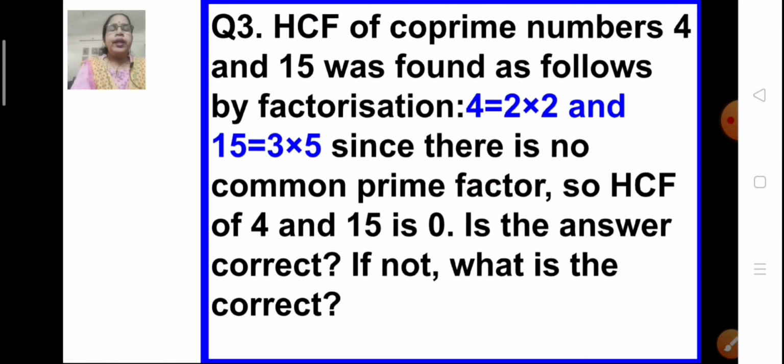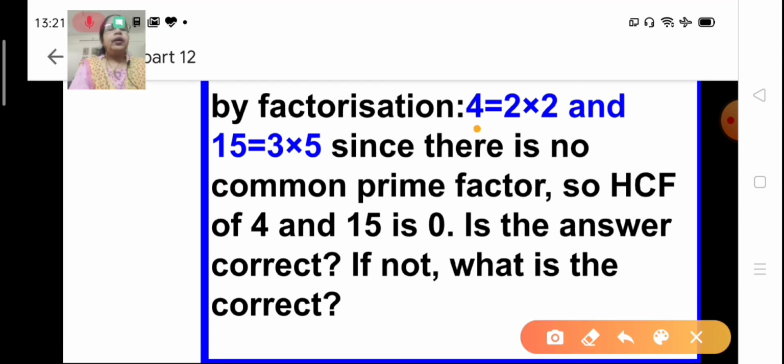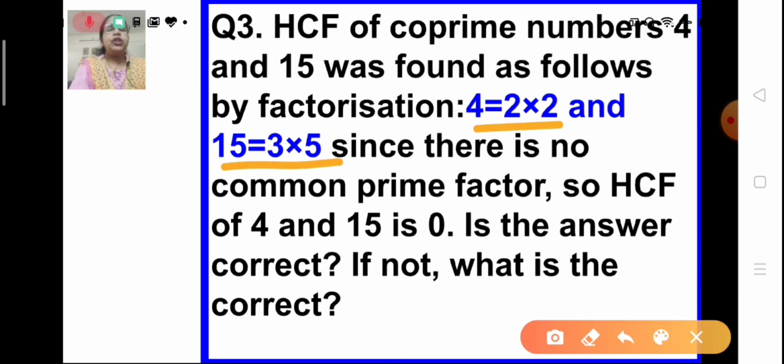Now next question, it's question number 4. HCF of co-prime numbers 4 and 15 was found as follows by factorization. So factorization of 4 and 15 is done. 4 is expressed as 2 into 2 and 15 is expressed as 3 into 5. And in the question it is said, since there is no common factor, their HCF will be 0.